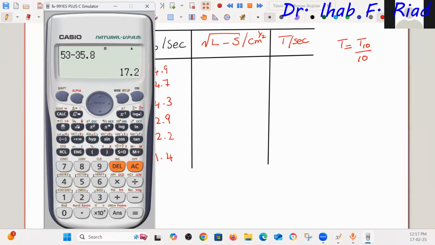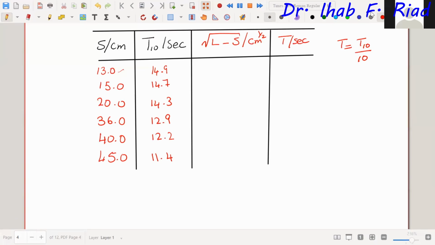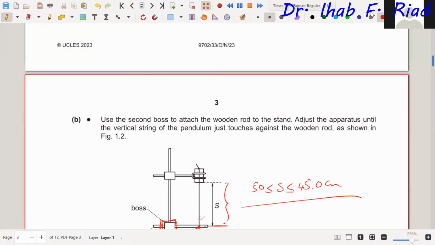So let us do the maths for it. Remember, L is 53, right? We had it here.